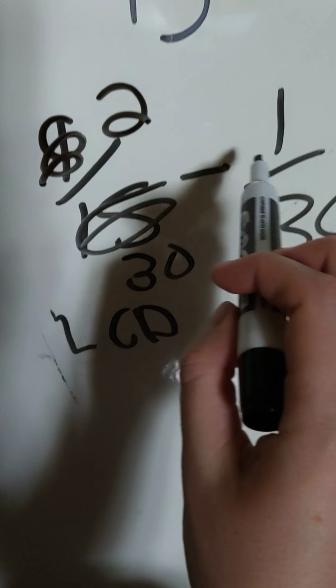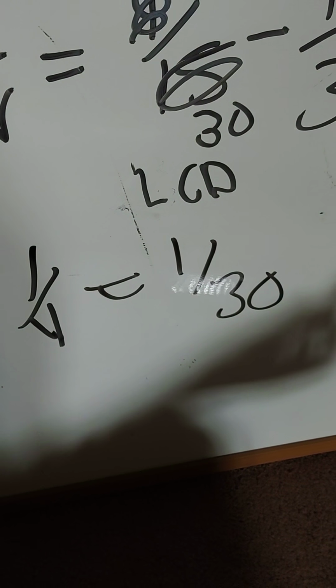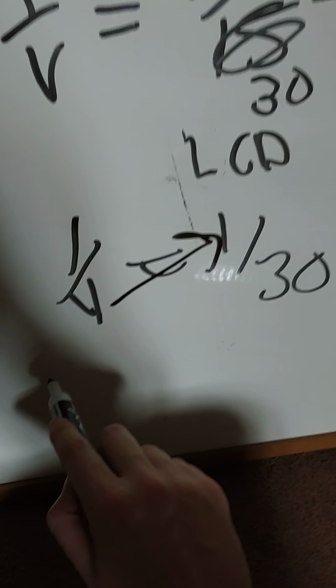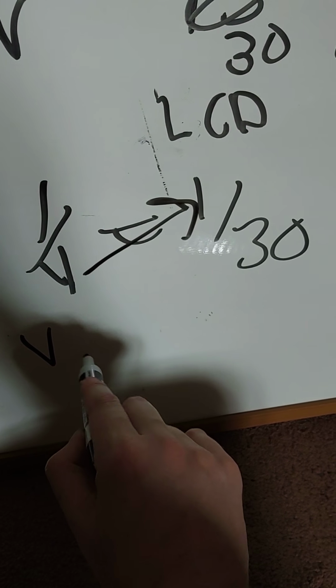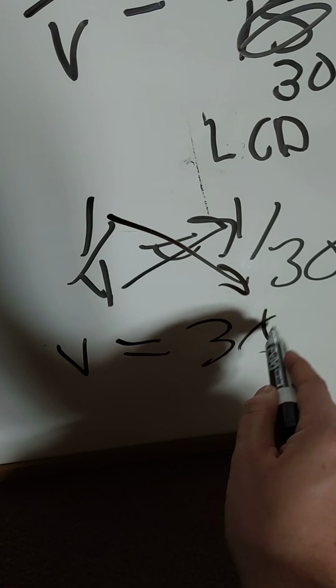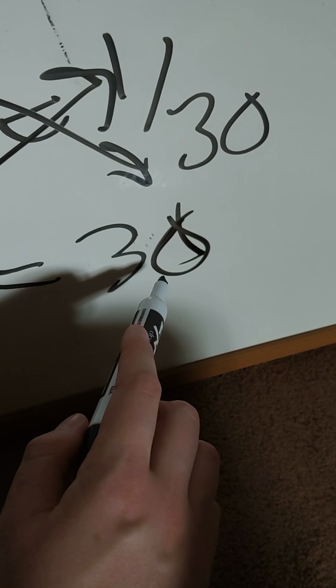So 2/30 minus 1/30 equals 1 over V equals 1 over 30. There it is. 1 over V equals 1 over 30. So we cross multiply. Becomes V times 1 equals 1 times 30. So the image distance is 30 centimeters.